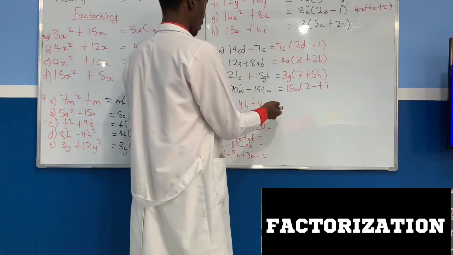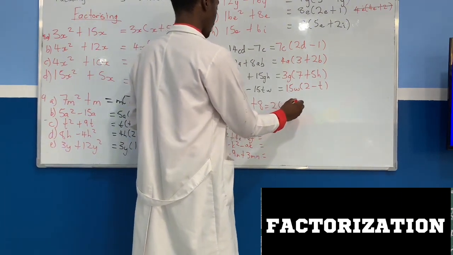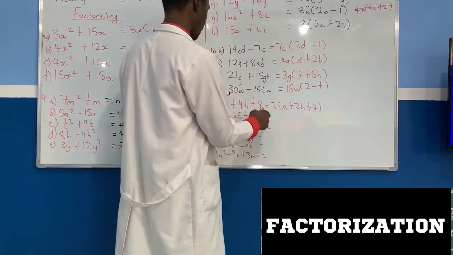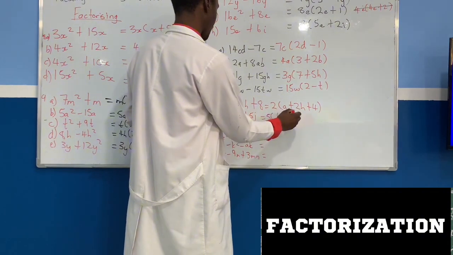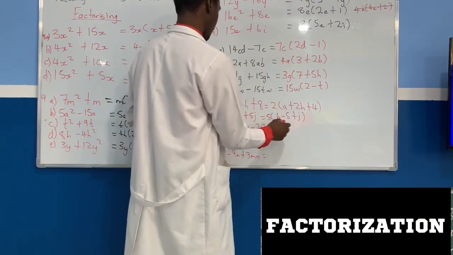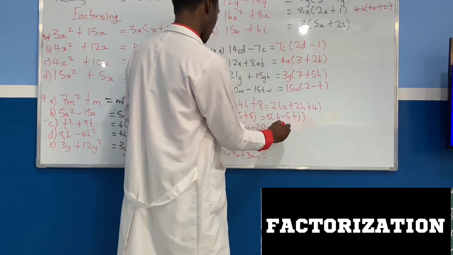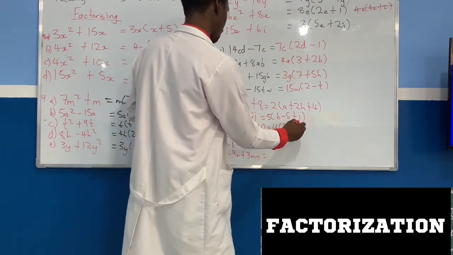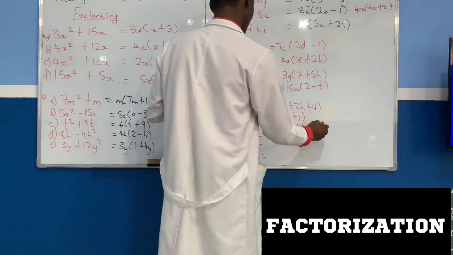Here the common factor was 2, bracket a plus 2h plus 4. This one, the common factor was 5, bracket b minus 5 plus j. Third one, common factor was 4, bracket 3tu plus 4u minus 5.